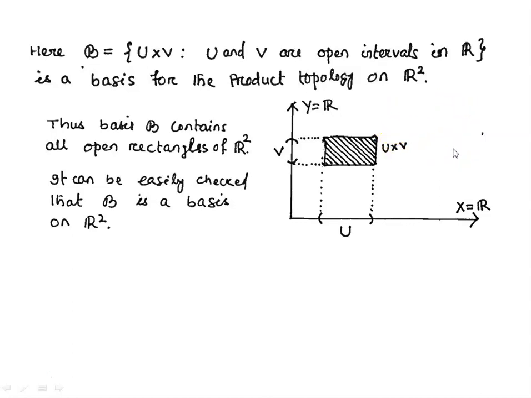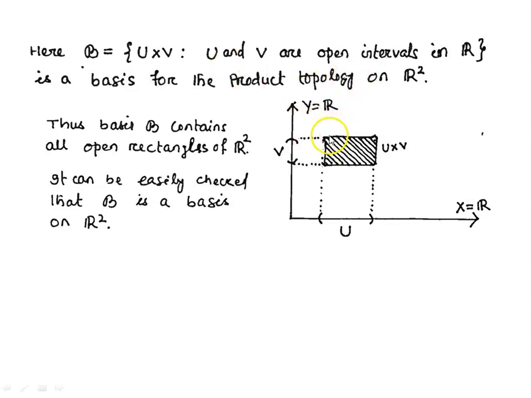So the first condition is satisfied. The second condition says that if there exists an element in the intersection of two basis elements, then there exists a third basis element which contains that point, and the third basis element is a subset of the intersection of the first two basis elements.